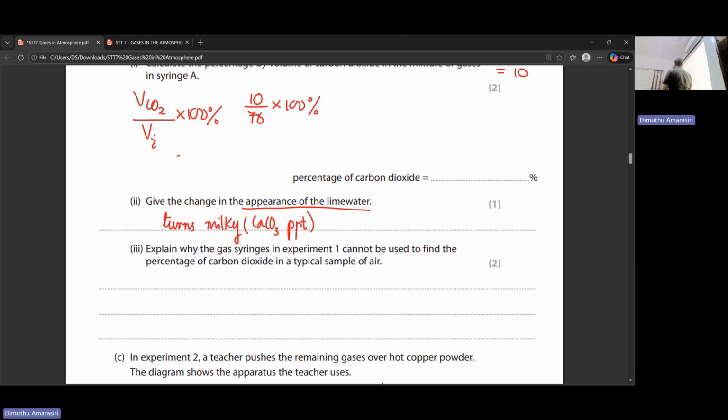Good try, but not quite. In normal air there can be other gases, that's why the answer is not valid. You're close, but the standard of the answer is not up to O levels yet.